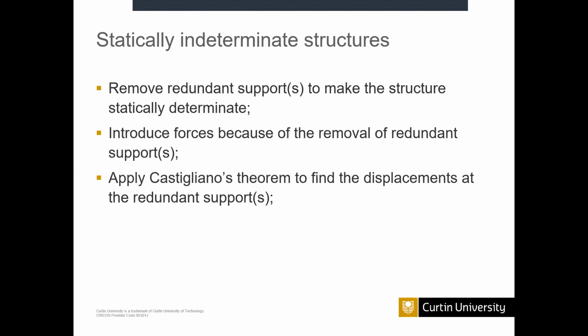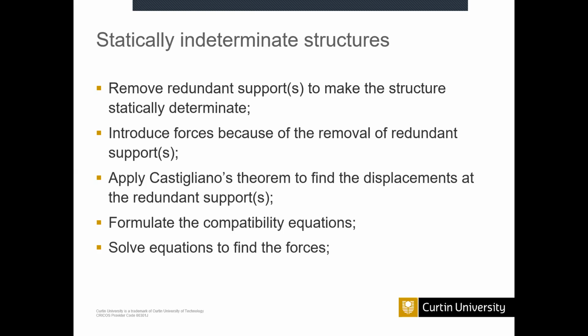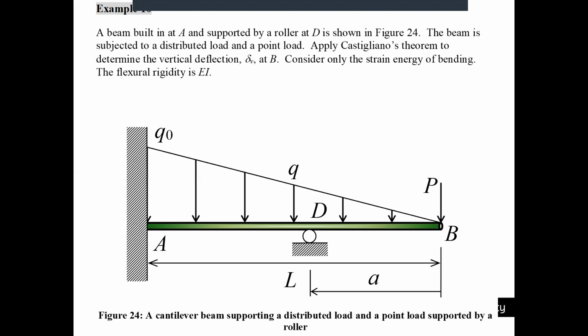You need to follow these steps for this kind of calculation. Then formulate the complete expression, solve the equation, find the force, and solve the problem using that force. You will understand this with the example; otherwise you will not grasp that sentence clearly.